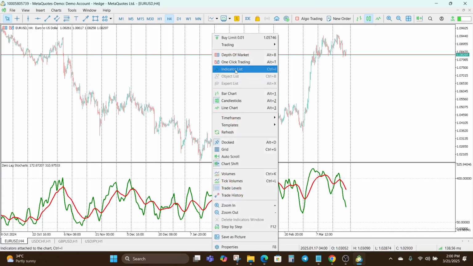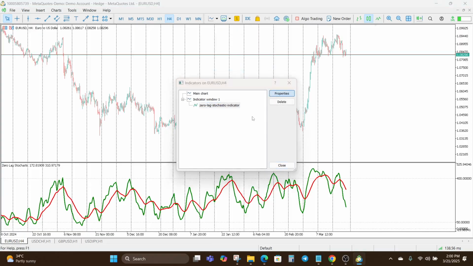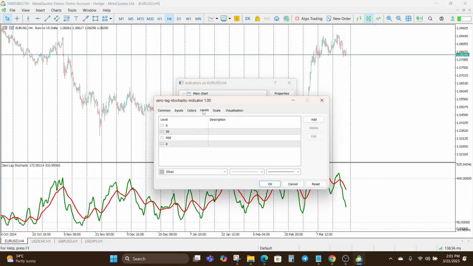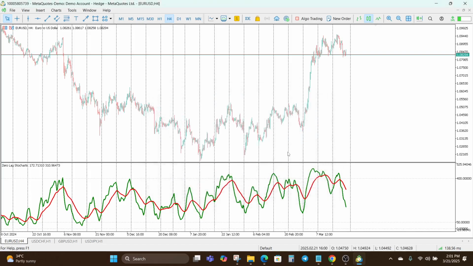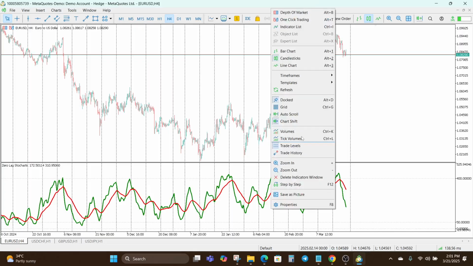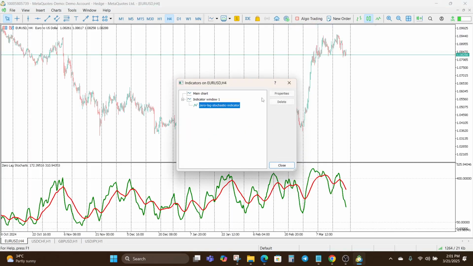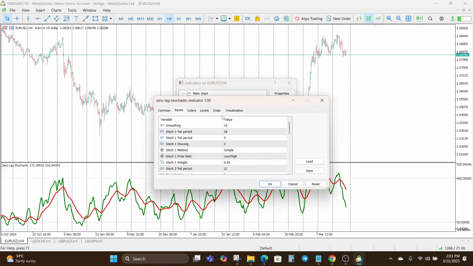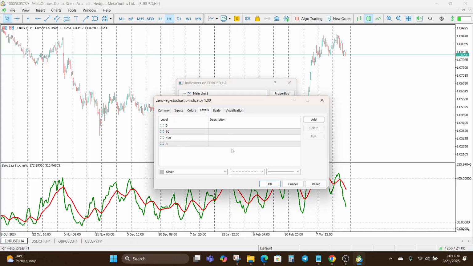So depending on how extreme you want the levels to be, I guess we can actually up this to about 100, because it seems like the indicator was not designed to use those extreme levels of 20 or 80, 20 for oversold, 80 for overbought. It happens that that was not how the indicator was designed.